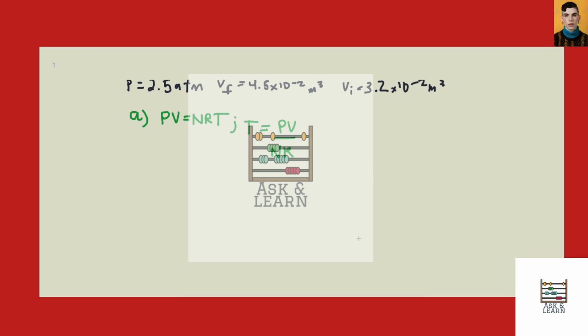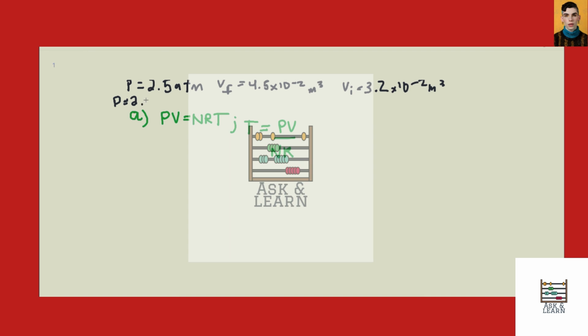And we can basically just plug in, we have all of the quantities that you need to calculate the temperature. The volumes are in SI, but the pressure isn't in SI. So I'm just going to come up here and convert it.